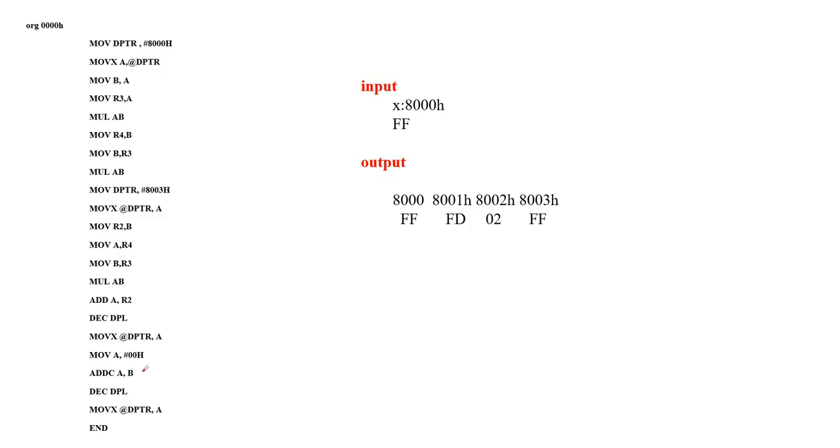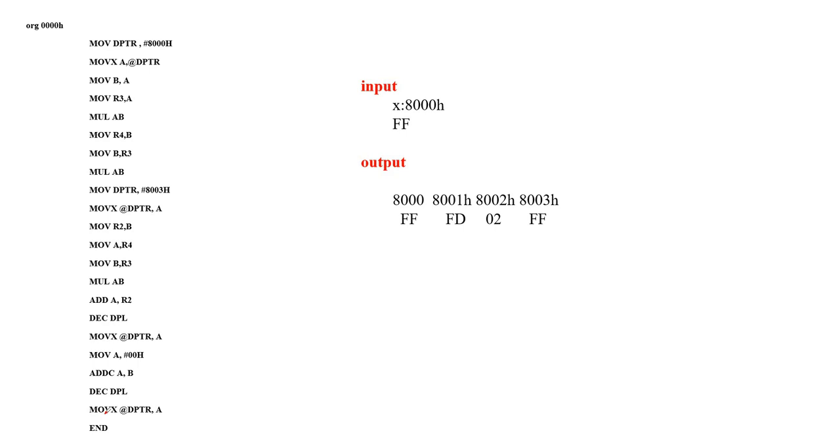Now again the DPTR is decremented. Sorry, the lower byte of the DPTR is decremented by using this instruction decrement DPL, and now we will be having the address as 8001. Next we have to move the result of this, which is in the accumulator, to the memory address 8001.